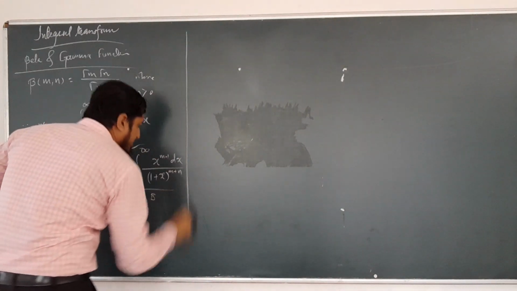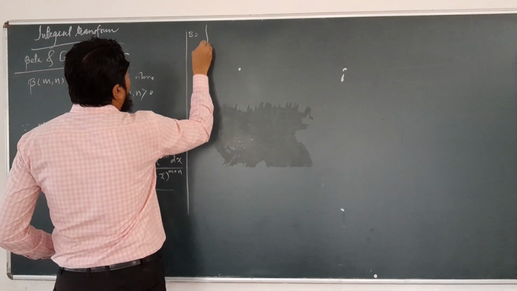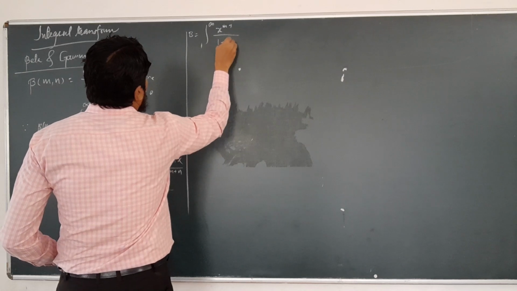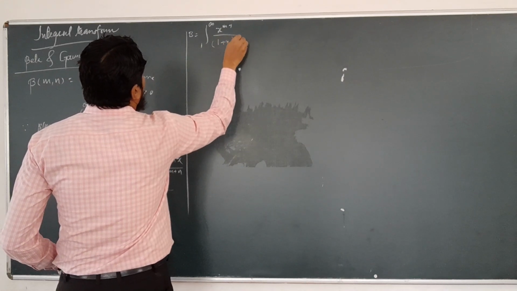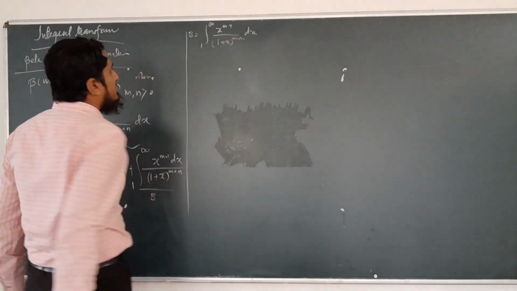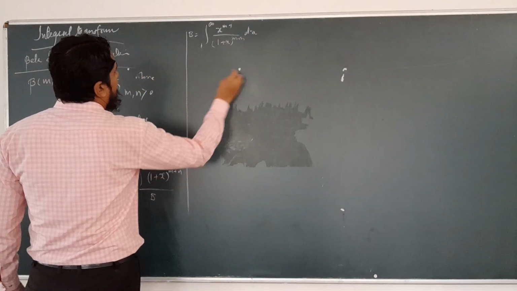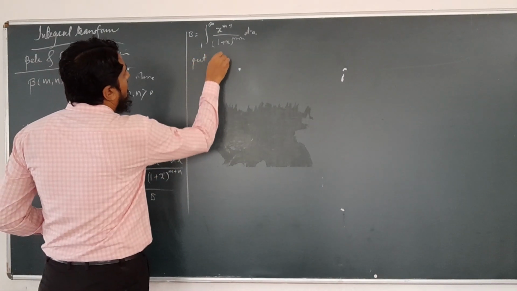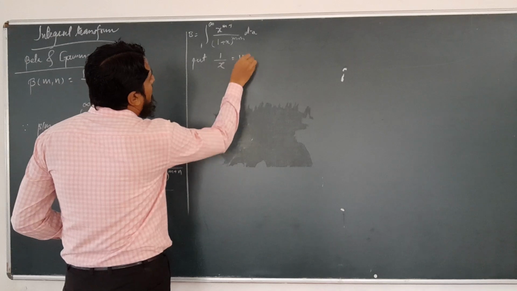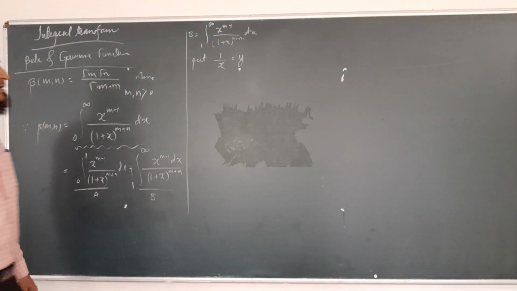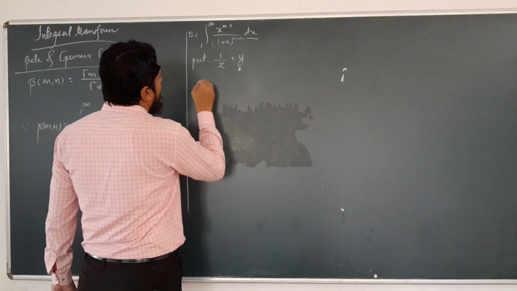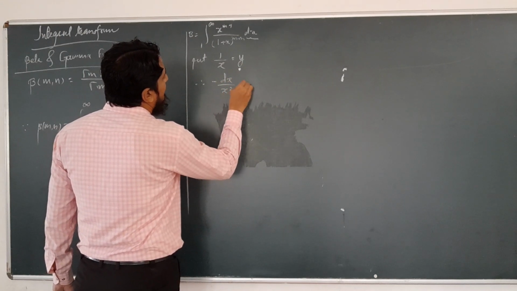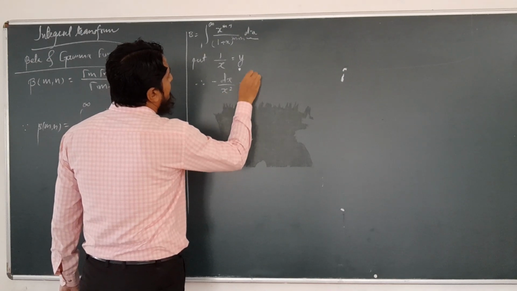So, B is equal to integration from 1 to infinity x raised to m minus 1 upon 1 plus x raised to m plus n dx. Now, to get this relation, put 1 upon x is equal to y. Correct? We want dx, therefore we will get minus dx upon x square equal to dy.